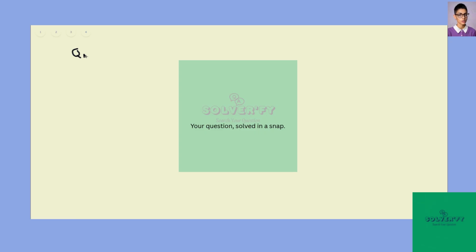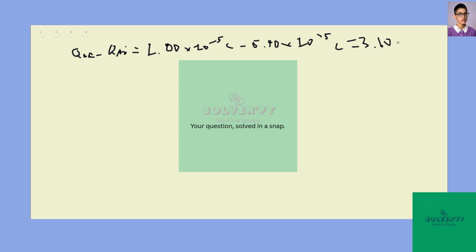So QA final minus QA initial is going to be equal to 1.80 times 10 to the minus 5 coulombs minus 5.40 times 10 to the minus 5 coulombs, which is just going to be equal to negative 3.60 times 10 to the minus 5 coulombs.